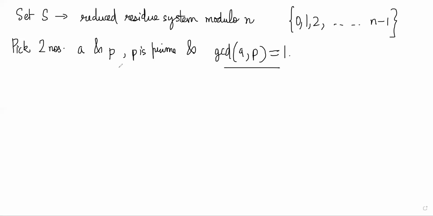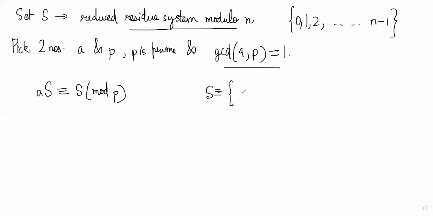A and P are co-prime. Now, what you want to prove here is A times S is congruent to S mod P, where S is the reduced residue system modulo P, so S will be the set 0, 1, 2 till P minus 1.